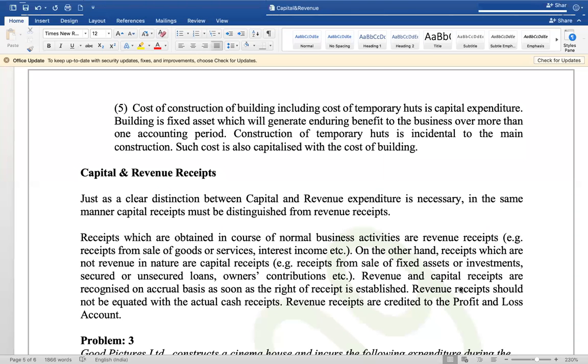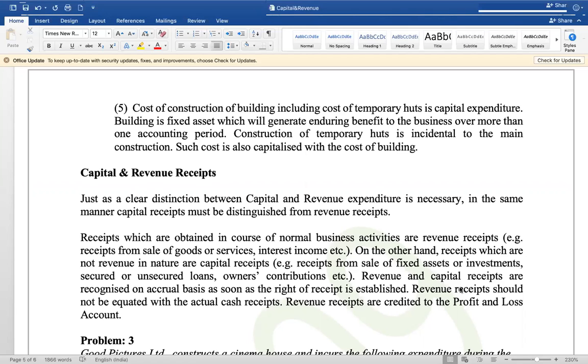As soon as it is becoming due, you establish that there is a receipt, a revenue receipt or a capital receipt. Commission has become due, and you're still to receive that commission. You will recognize it as a revenue receipt, and establish that it is receivable.